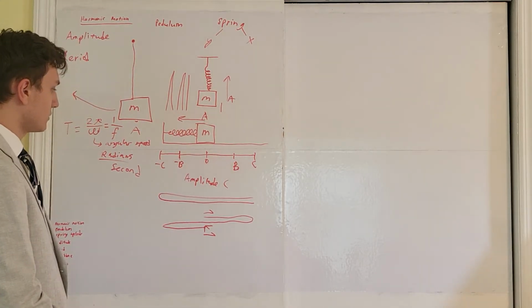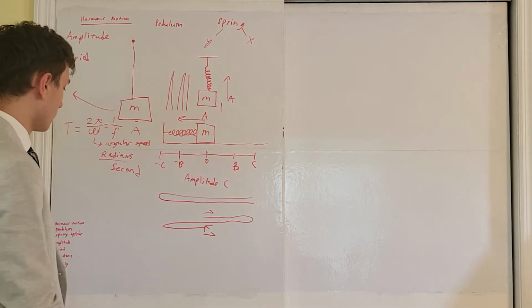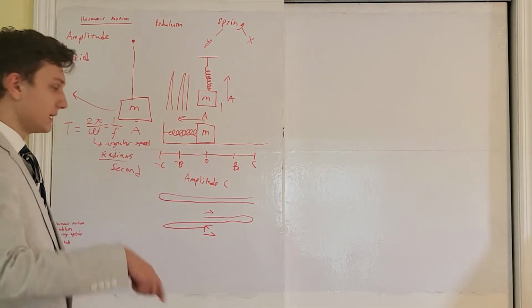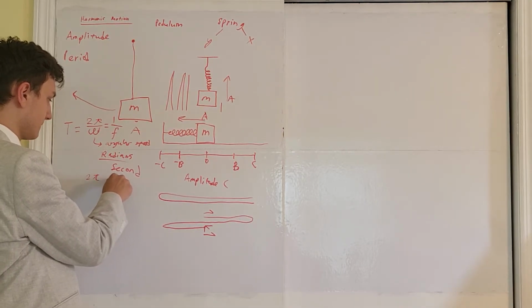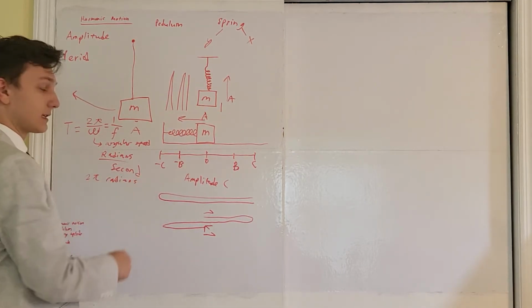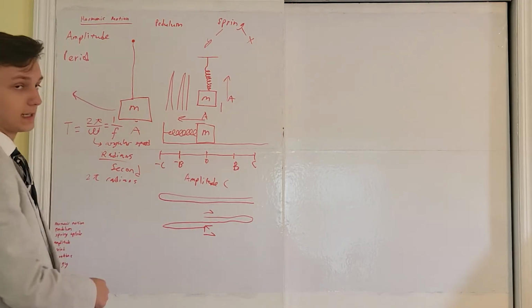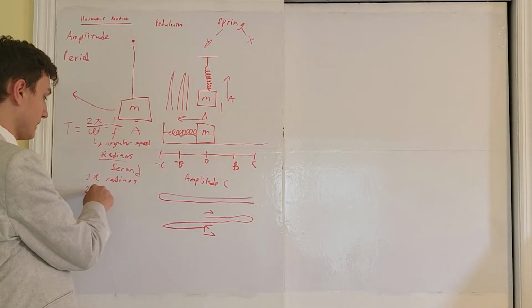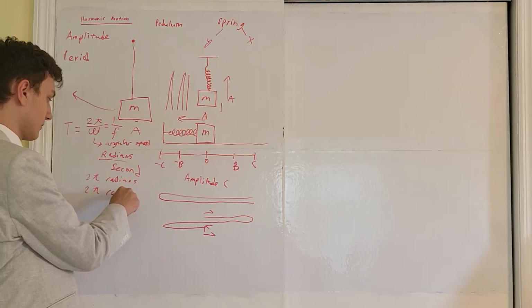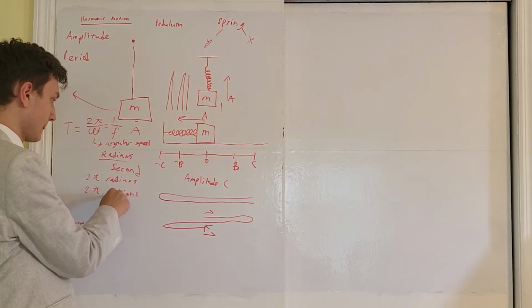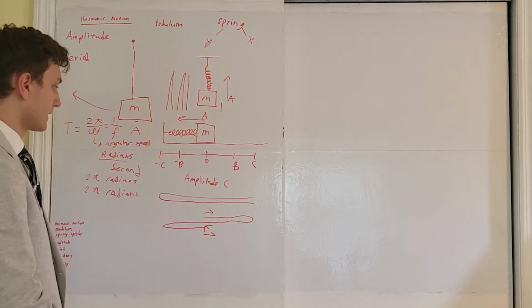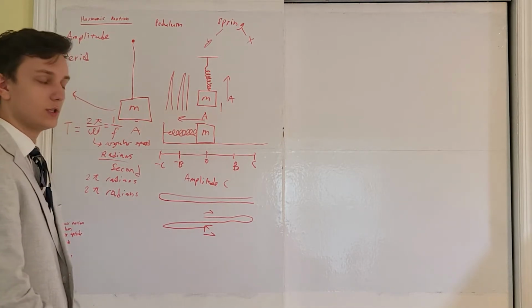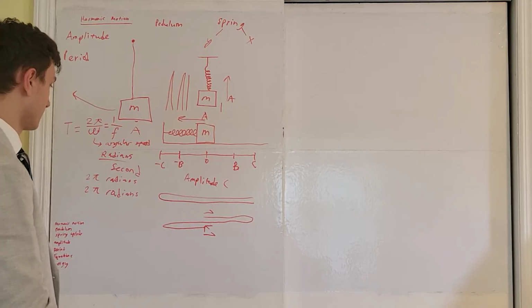So what is radians doing here in oscillation? Well, we know that one complete circle is made of 2 pi radians. Similarly, in oscillation, one oscillation is made up of 2 pi radians, okay? So the angular speed in radians per second is effectively saying the speed at which we complete an oscillation, okay?